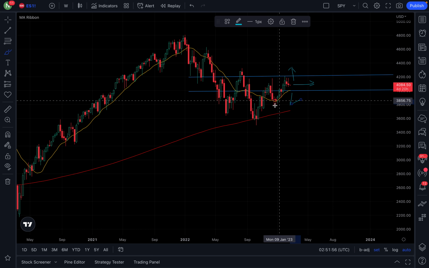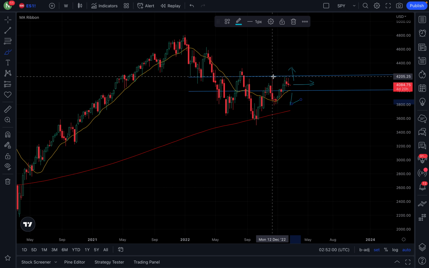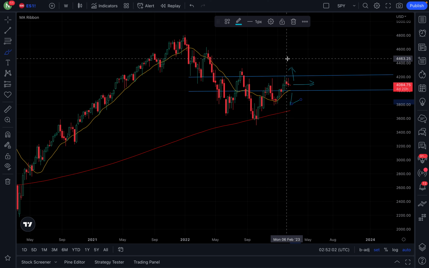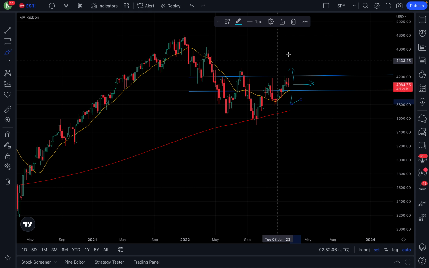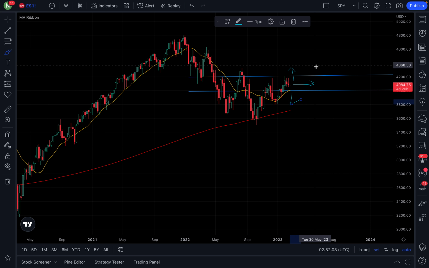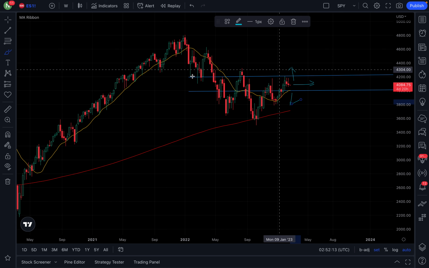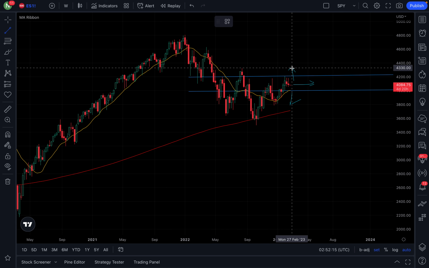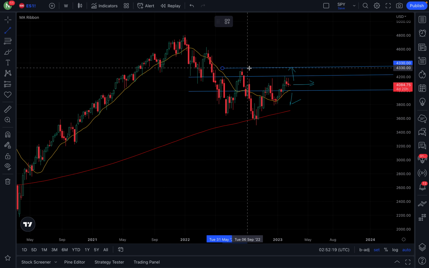I'm looking at three things. Either A, this market is going to push up beyond 4,200 and finally break it, and if it breaks it, what is my next target? My next target is the next area of resistance. What is the next area of resistance? Right here, this 4,334 area, right where this peak is.